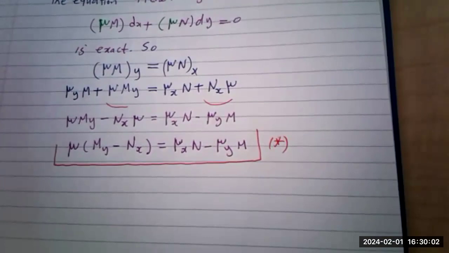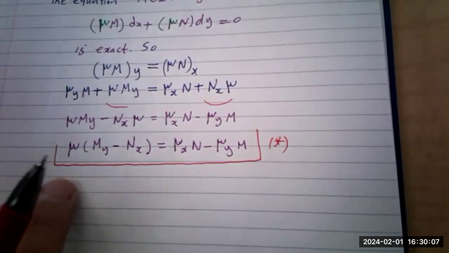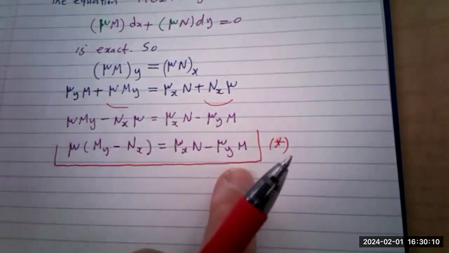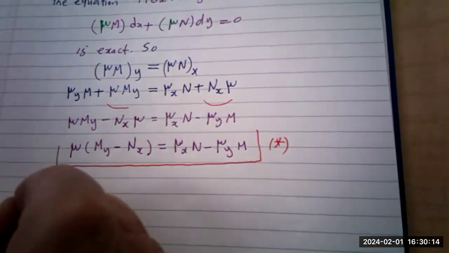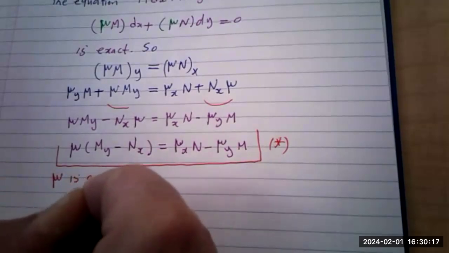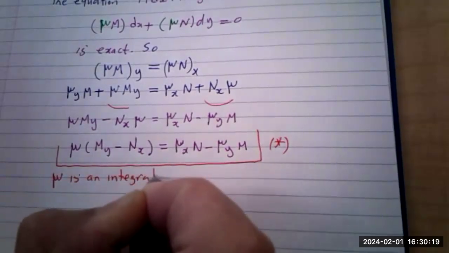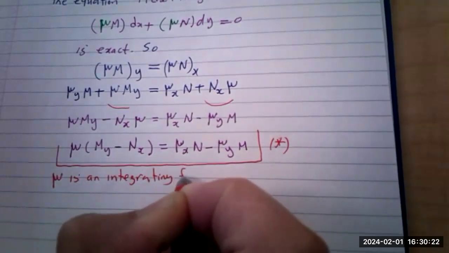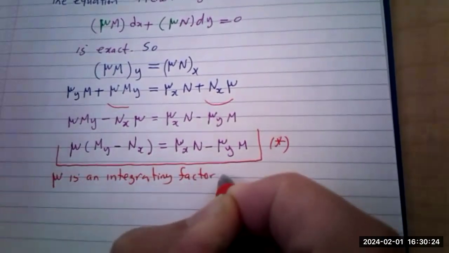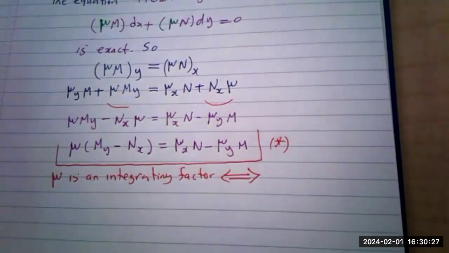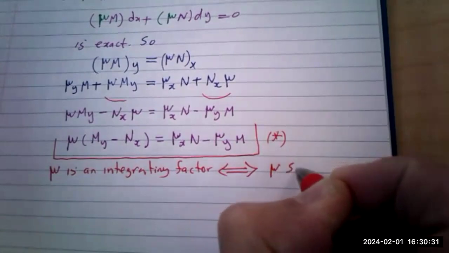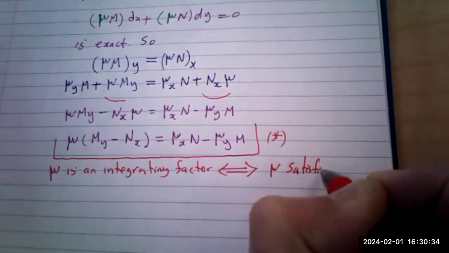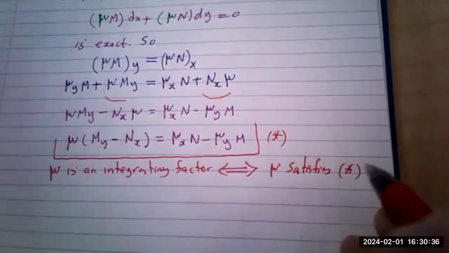So this means that if a function is an integrating factor, that function must satisfy this condition all the time in any differential equation. So mu is an integrating factor if and only if mu satisfies the star equation.